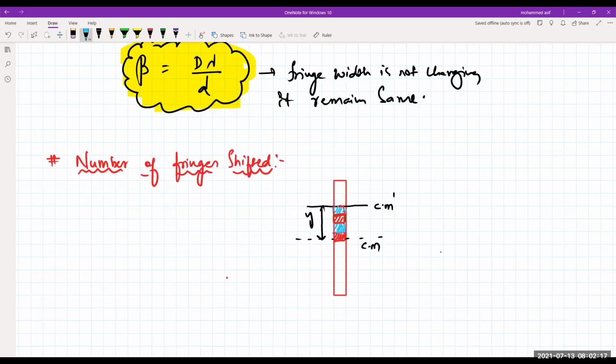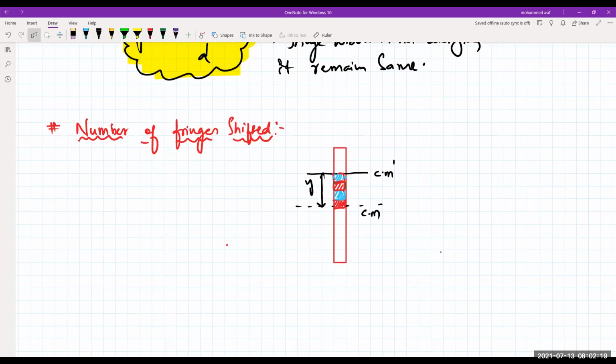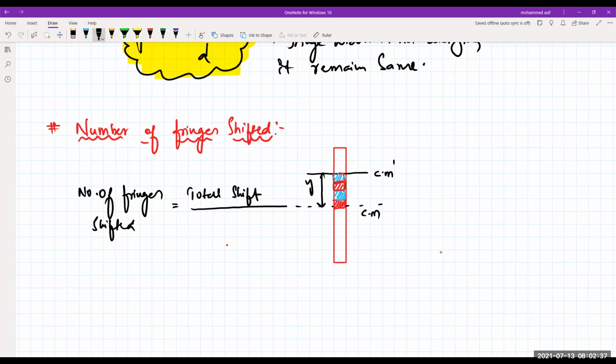Now we need to calculate the number of fringes which have been shifted. So the number of fringes shifted will be equal to total shift divided by fringe width.